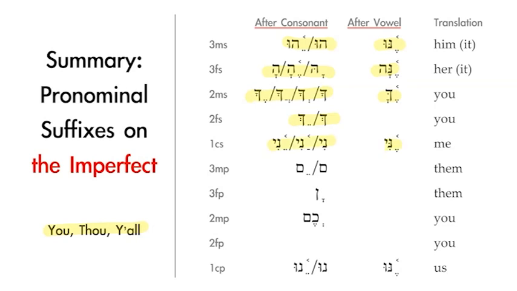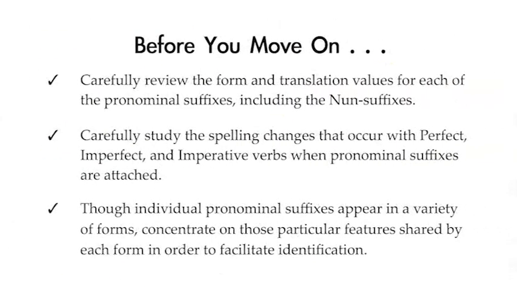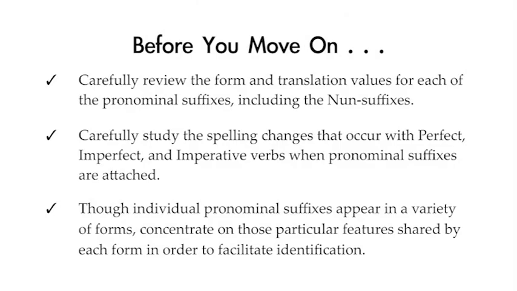And then we go all the way down to the 1CP with the nu forms. Once again, it's important to observe the identical forms enu for the 3MS and enu for the 1CP. In such cases, context will have to be your guide in deciding whether that is a third masculine singular or first common plural pronoun. So before you move on, what should you do or know?